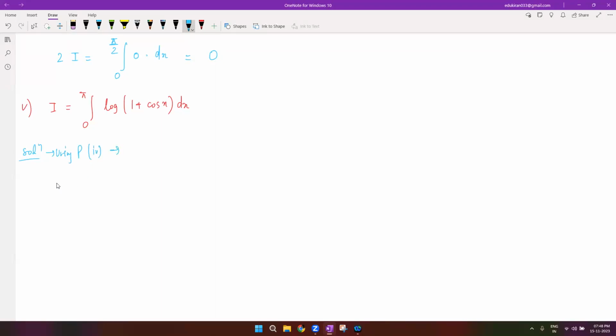Using fourth property, we move on to 0 to pi log of 1 plus cos of pi minus x, right? Because we will have to change x with 0 plus pi minus x, lower limit plus upper limit minus x, right?